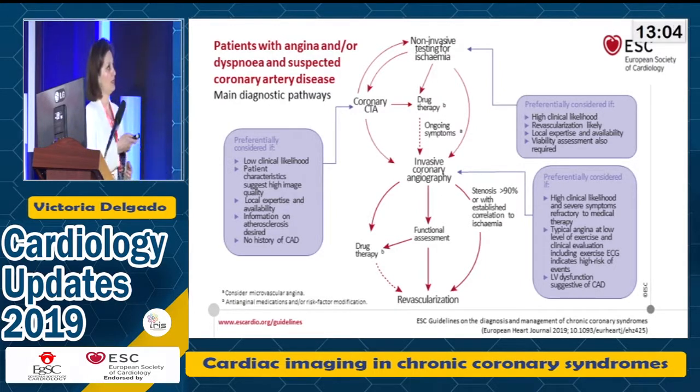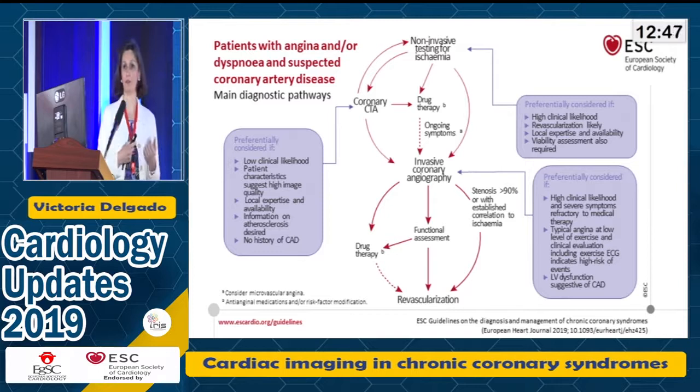So here we have, if we consider starting with a coronary CT angiography, we need to consider that test when we have a low clinical likelihood, and patient characteristics that suggest that we will have a high image quality. For example, patients with atrial fibrillation, patients that have a high heart rate. These are patients that are going to be difficult to image with CT coronary angiography.